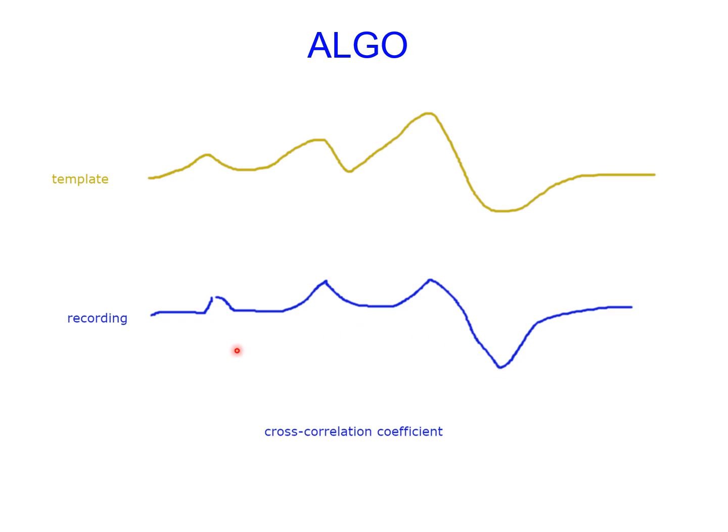On the other hand, if the recording's amplitude fluctuation is not correlated with the template, then there's no response. In other words, if we have a good cross correlation between a recording and a template, then there is a response. If we have a poor cross correlation between the recording and the template, then there's no response. ALGO is as simple as that.